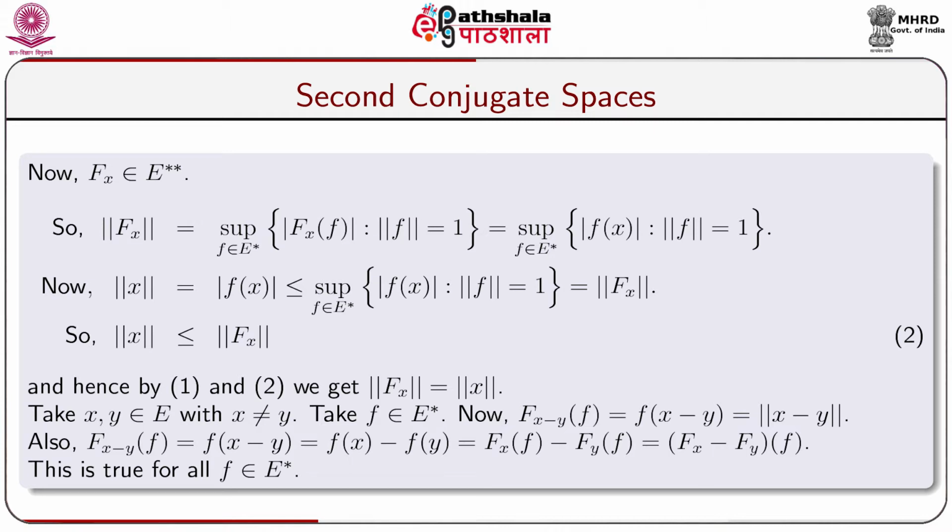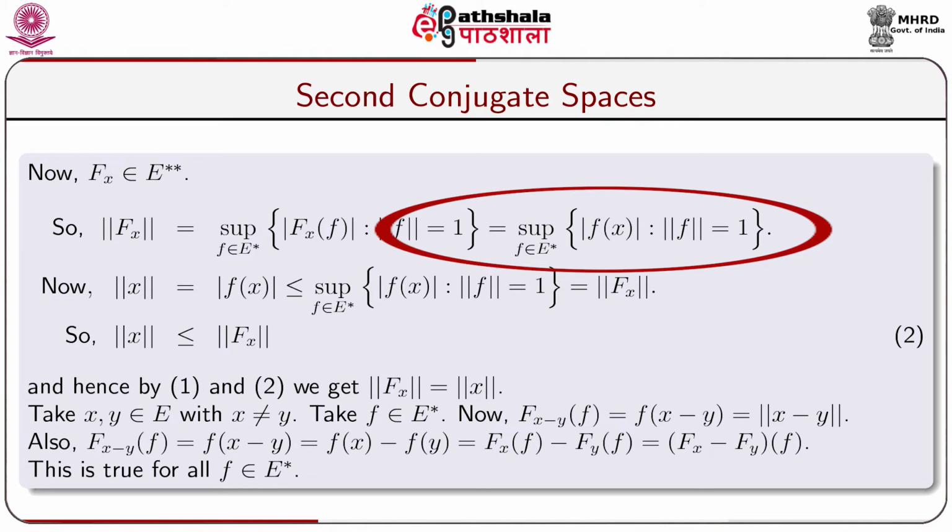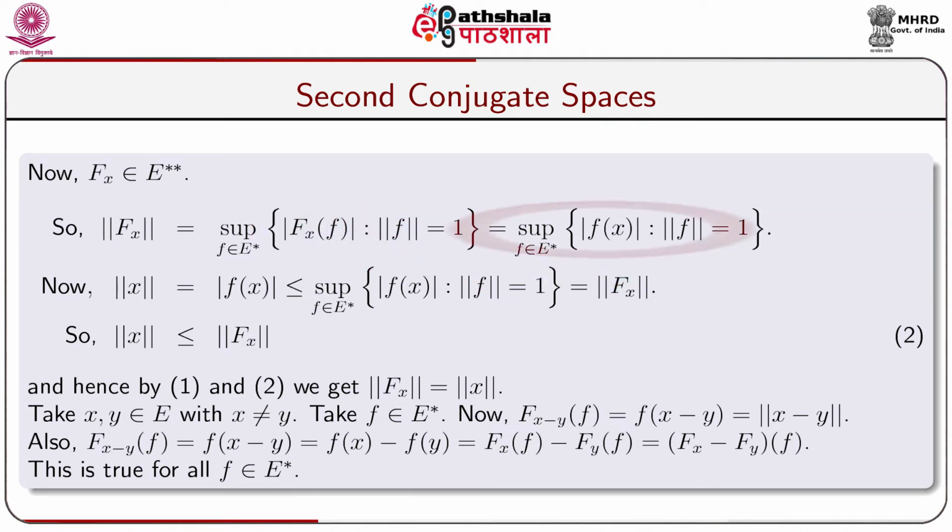So, norm of F x equal to the supremum of modulus of F x of f, where norm of f equal to 1, and the supremum is taken over all elements f belonging to E star, which is again equal to the supremum of modulus of f of x, where norm of f equal to 1.